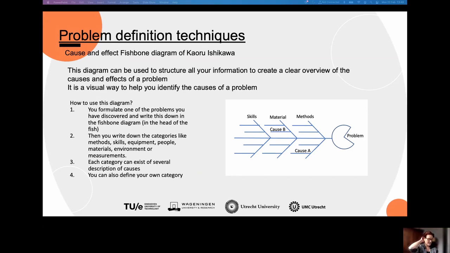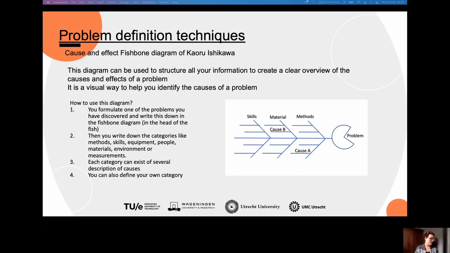So you see here, for example, you can look at skills, but you can also look at materials or methods, the equipment or the people. So you have all kinds of perspectives you can take into account, and really think of what causes the problem.